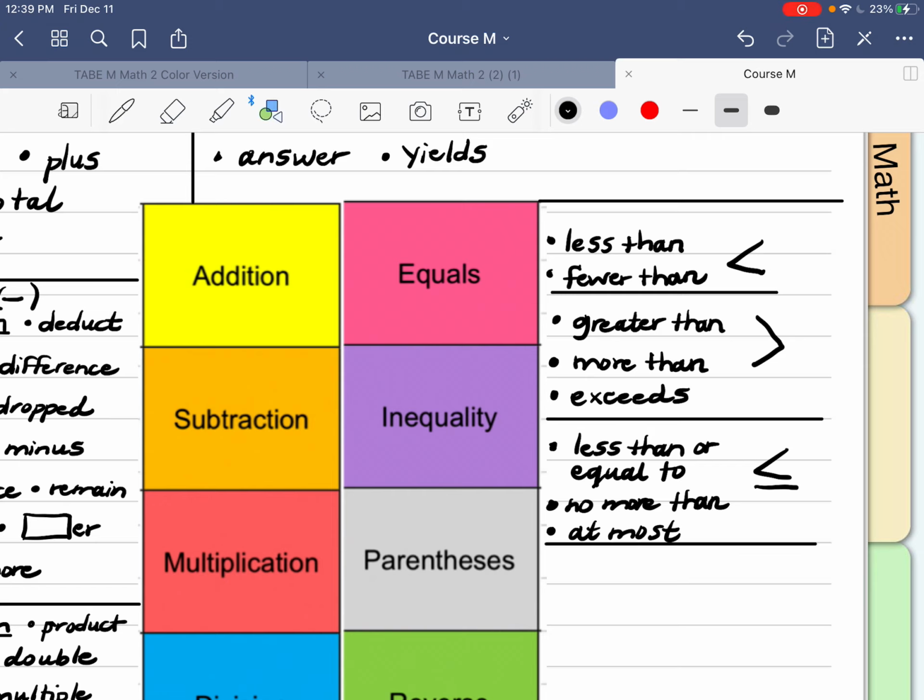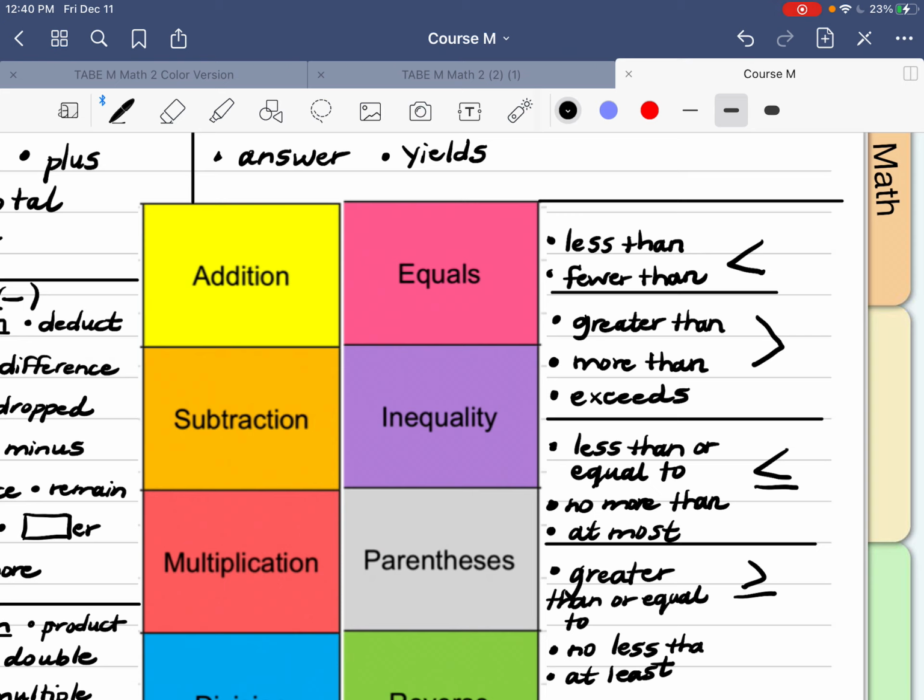And then finally, its opposite is the greater than or equal to. This one can also go with no less, at least, and let's say no less than.